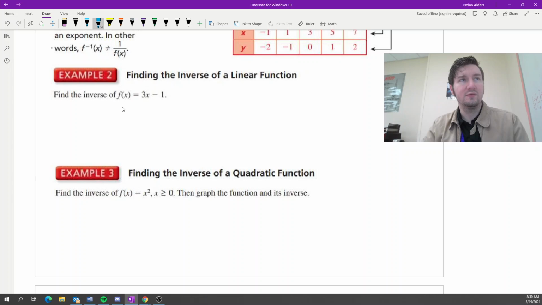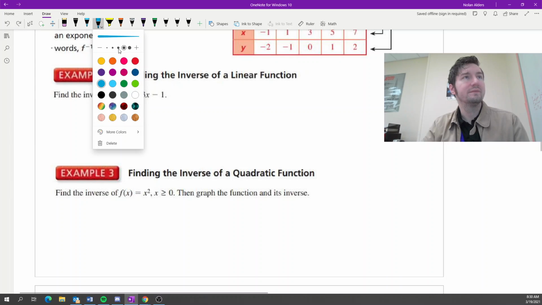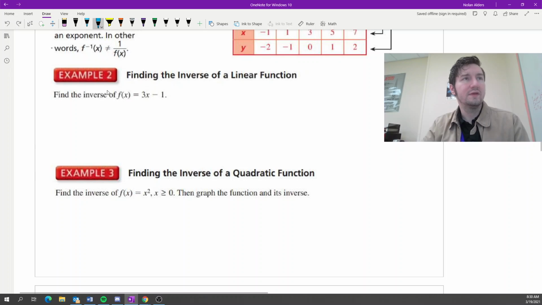So we're going to look at the equation like this. Then we're going to solve this equation for y. We're going to get y by itself.